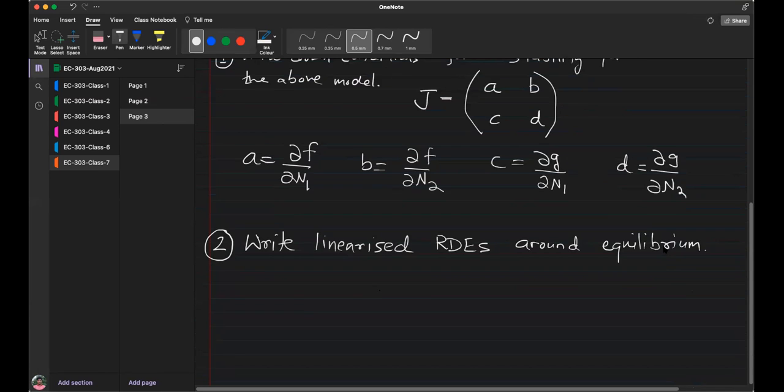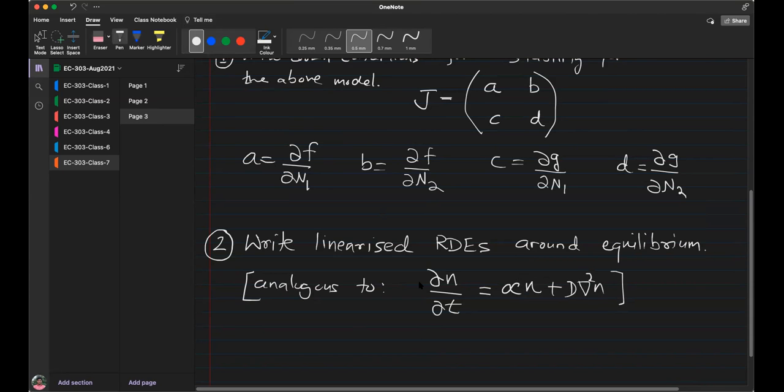Do you understand what it means? What I basically mean is, remember when we had a single equation, we had this: alpha times n plus d del square n, where alpha was basically f prime of n star.